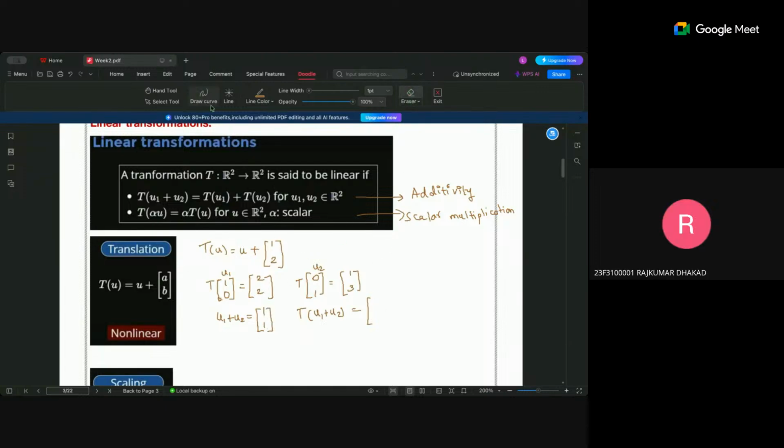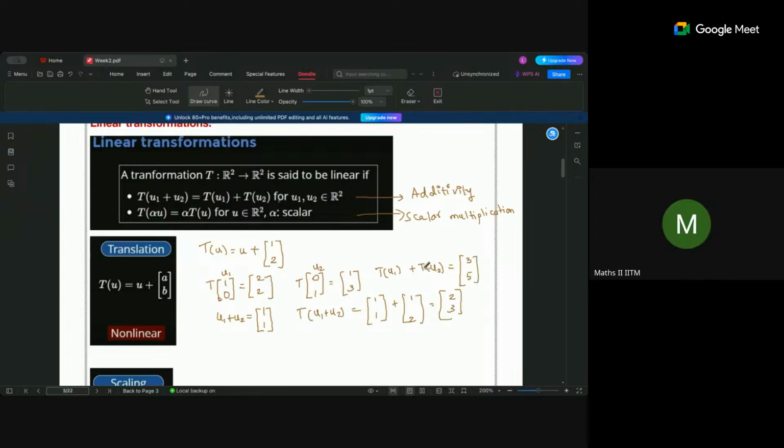So (1, 1) plus (1, 2) should give you (2, 3). But what is T of u1 plus T of u2? I guess someone answered this earlier: (3, 5), right?